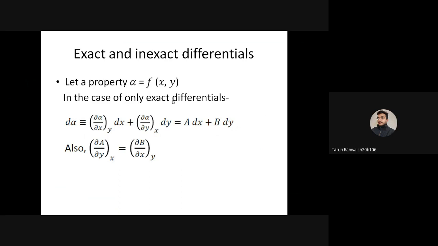In the case of an exact differential, we can write d alpha equals del alpha by del x at constant y times dx plus del alpha by del y at constant x times dy, which we can further rewrite as a dx plus b dy. Here, del a by del y at constant x and del b by del x at constant y are also equal.